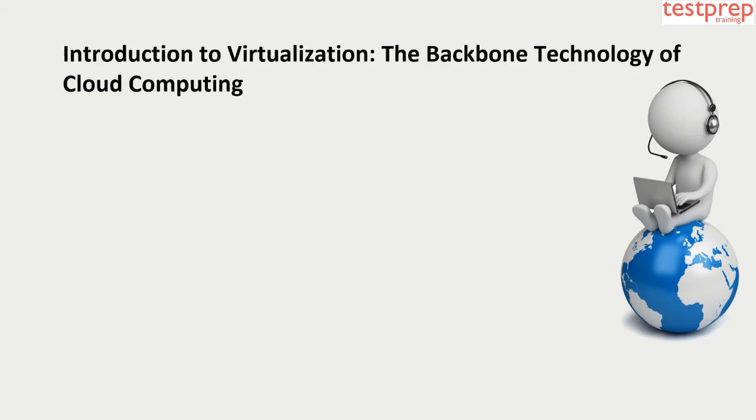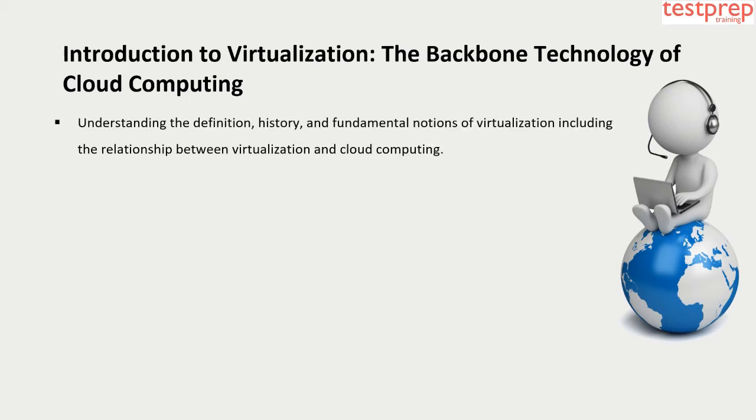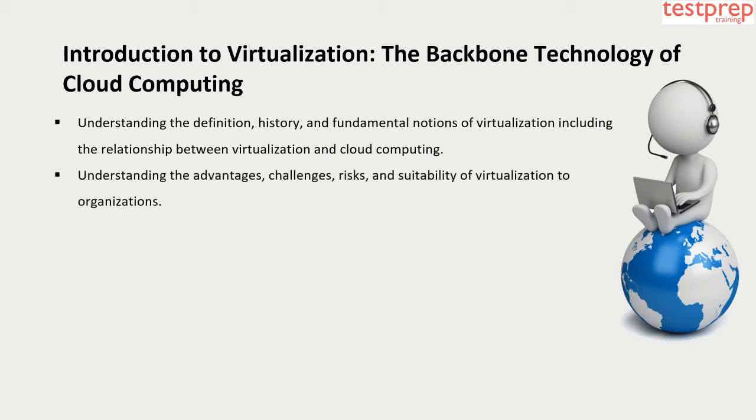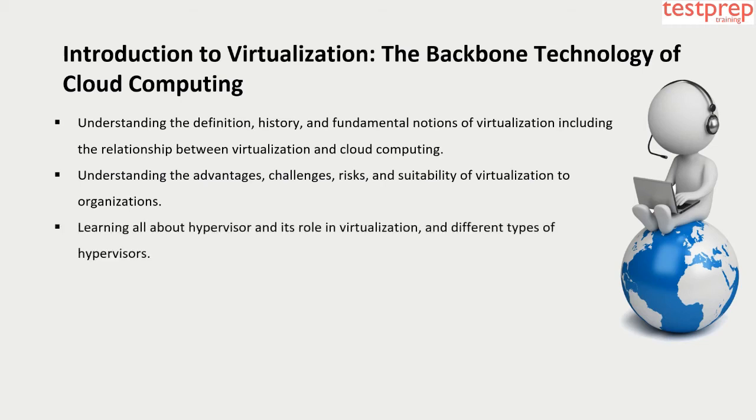Domain 3, Introduction to Virtualization, the backbone technology of cloud computing. This can be explained in 6 parts. 1. Understanding the definition, history, and fundamental notions of virtualization, including the relationship between virtualization and cloud computing. 2. Understanding the advantages, challenges, risks, and suitability of virtualization to organizations. 3.